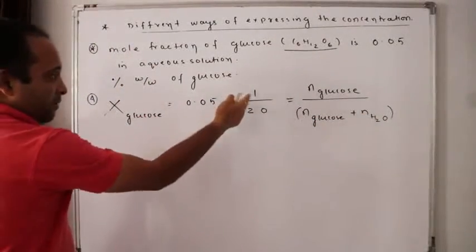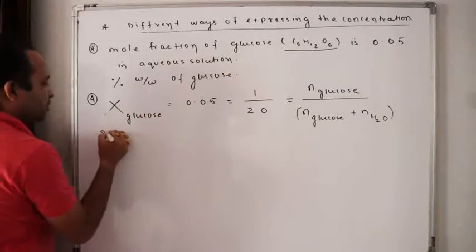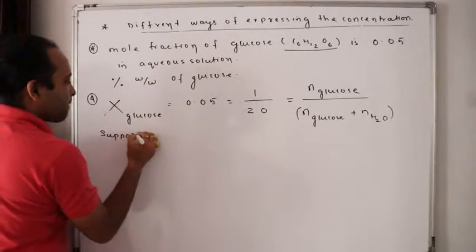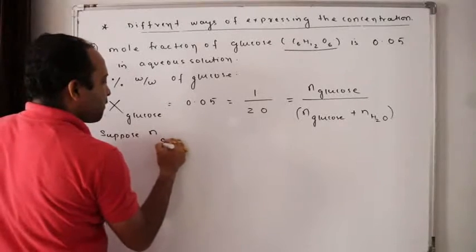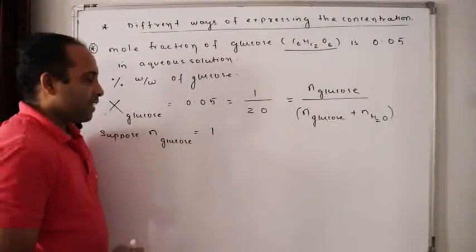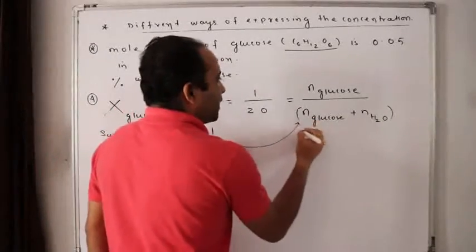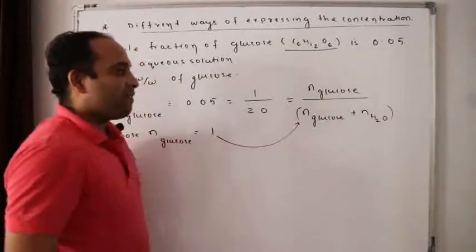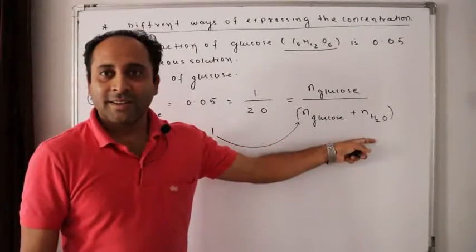Now from this, suppose the number of moles of glucose is 1. That means I put this value 1 here. Then can I find the number of moles of water?